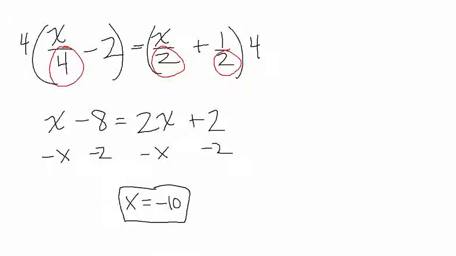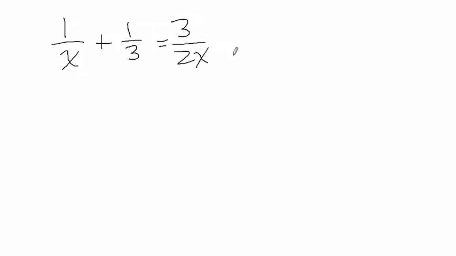Now, let me have you do an example that has variables in the denominator. 1 over x plus 1/3 equals 3 over 2x minus 1. Go ahead and try to solve that one. Pause the video if you have to.